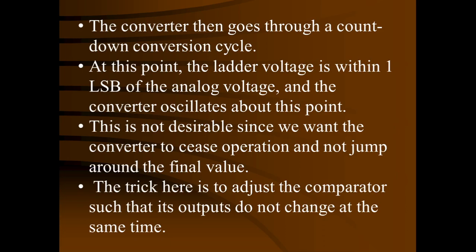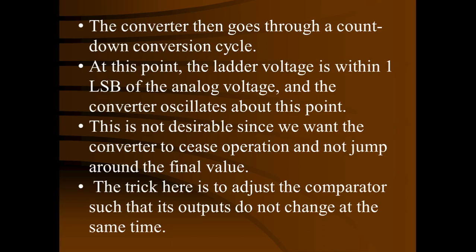Again, when the next clock cycle comes, because the reference voltage becomes lower, it goes to the count up mode. That means the counter is operating in a count up mode and then it is jumping back to the count down mode. So the counter is going to oscillate. This is undesirable. So what has to be done?